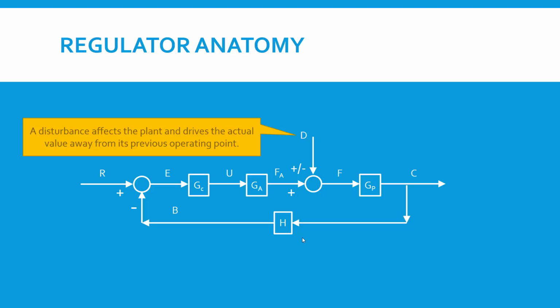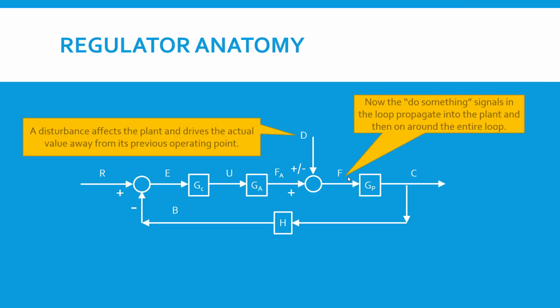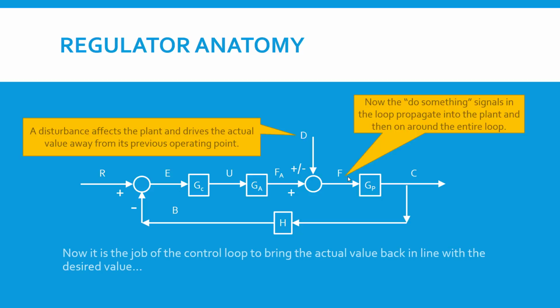If all of the signals in the internal part of the loop were 0 before, and then we input a non-zero signal here, it's fairly obvious that F will now change and become a non-zero value, and that will tend to make the non-zero values propagate around the loop. So F becomes a do-something signal to the plant, and the plant moves away from the equilibrium point where it had operated before.